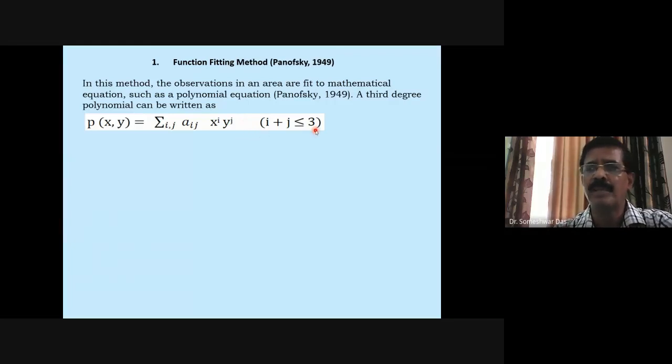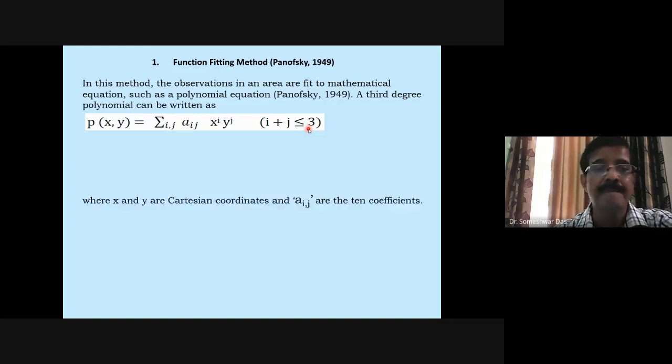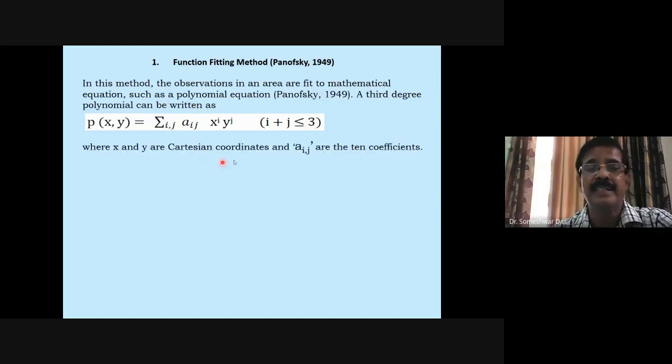That means for a small grid size, we can fit a polynomial. This example is for a 3 by 3, a very small grid size, which is idealistic, but just for illustration. We have fit a third degree polynomial where x and y are Cartesian coordinates, and a_ij are the coefficients. There are 3 by 3, 9 points plus 1 central, so 10 coefficients.